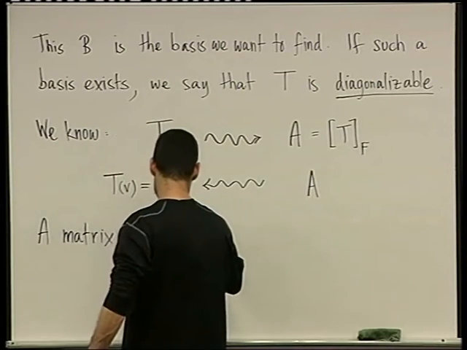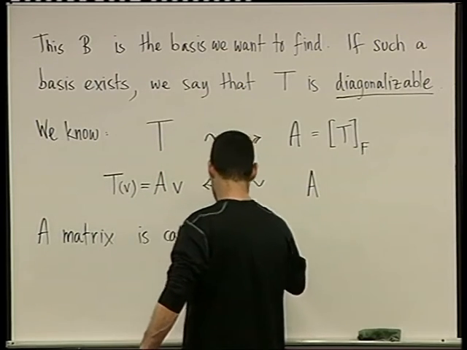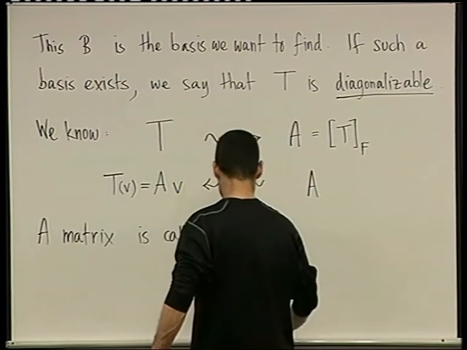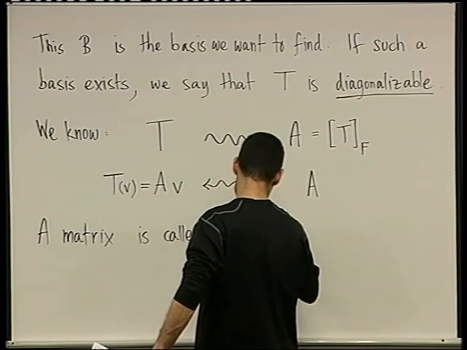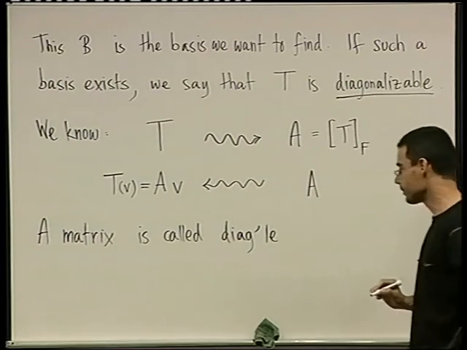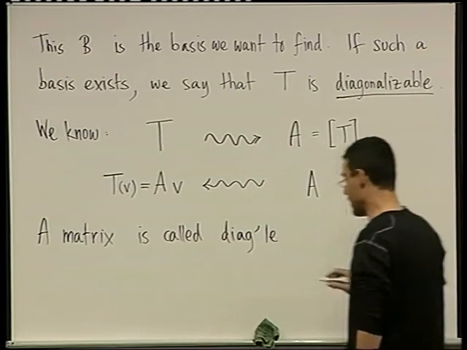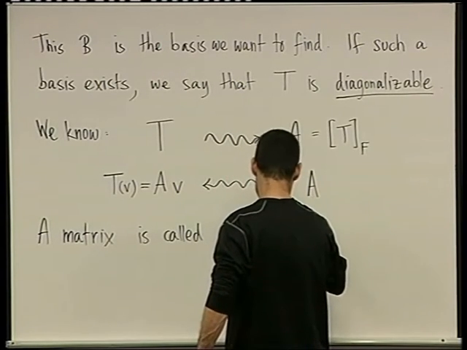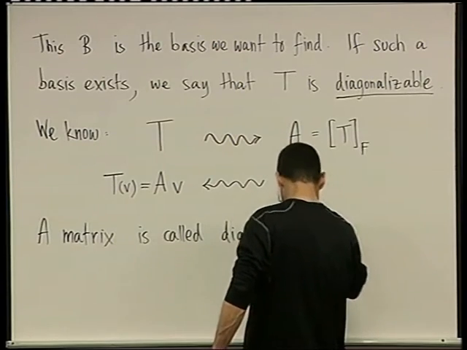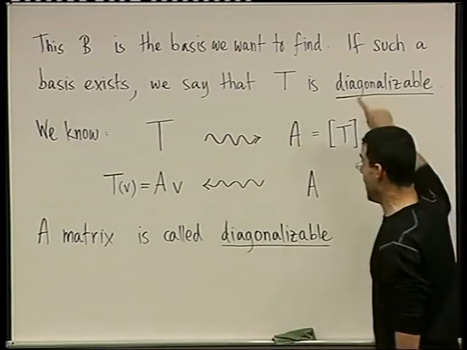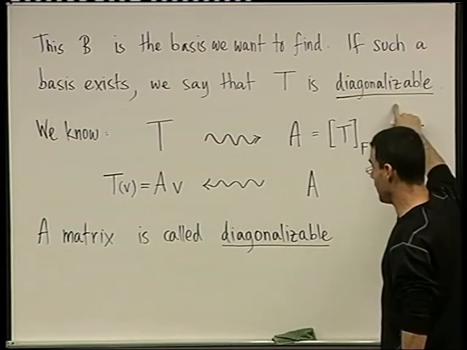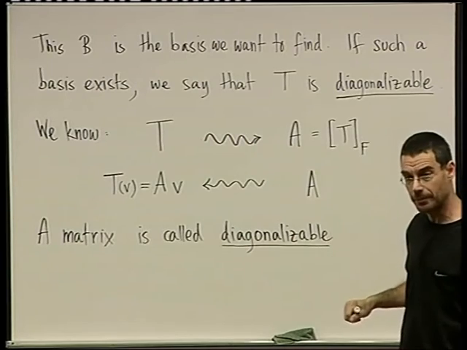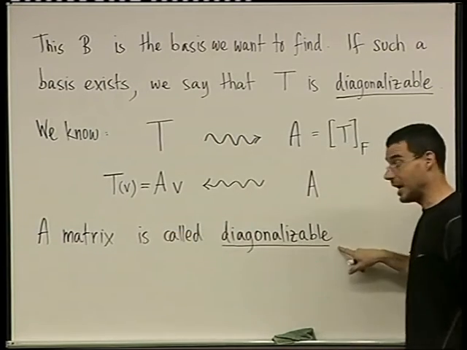Okay, so in particular, we're going to say that a matrix is called diagonalizable. Oh boy, this word is too long. So T is called diagonalizable if it has a representing matrix which is diagonal. A is going to be called diagonalizable, not diagonal.